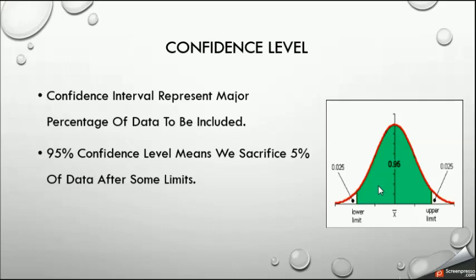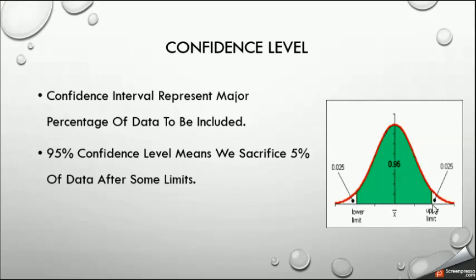So this means we have 5% on both sides. For example, here we have 2.5%, here we have 2.5% also to the left. We are sacrificing 5% of the data after some limits.